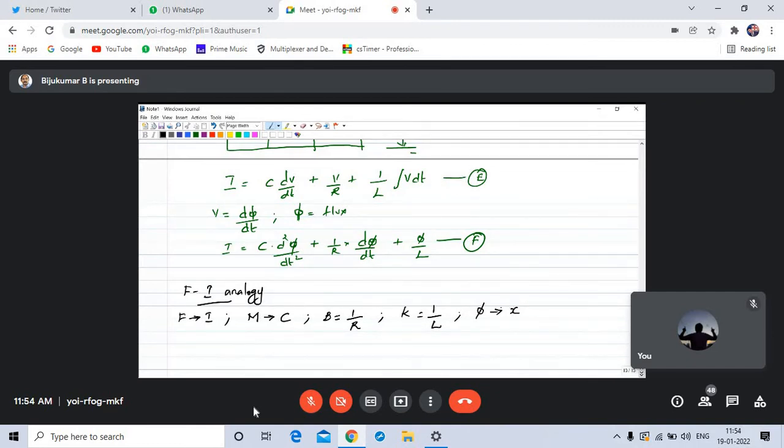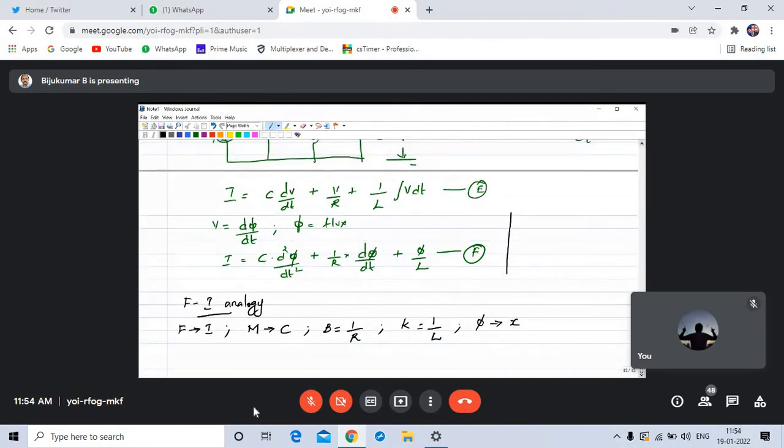Right. So if we compare the two analogies, the previous one was force voltage analogy, right?